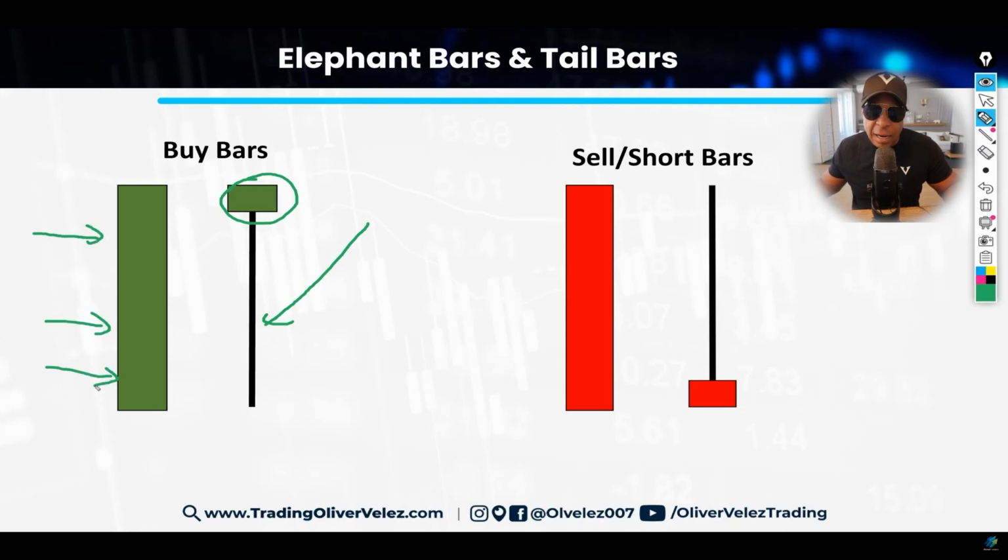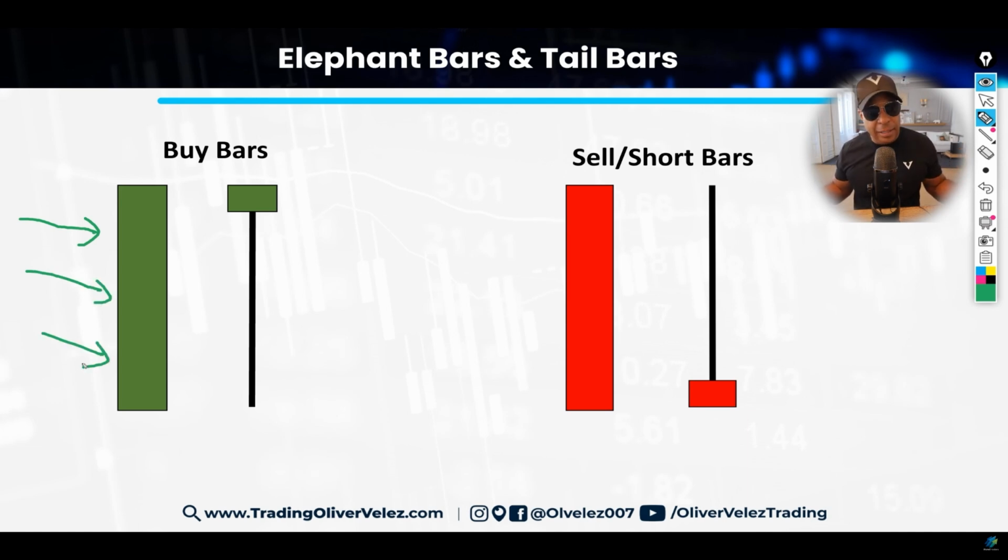Now, why do I call these elephant bars? Because these bars can only be created by big money. You can't create an elephant bar in a stock like Apple. It takes billions of dollars to create an elephant bar. That is no easy feat. All right. So when we see an elephant bar, we know that's big money at play.